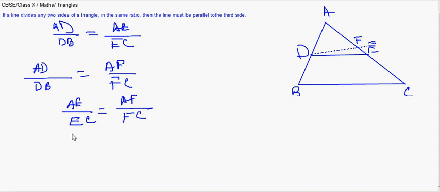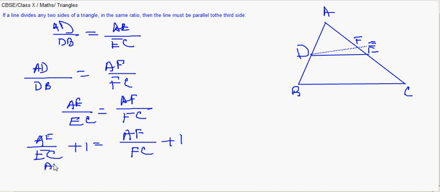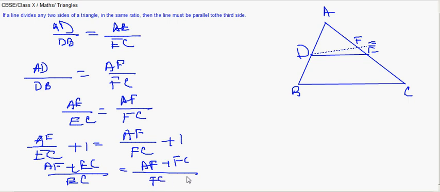Now I add 1 to both the sides, thereby making it AE plus EC by EC equals AF plus FC by FC.